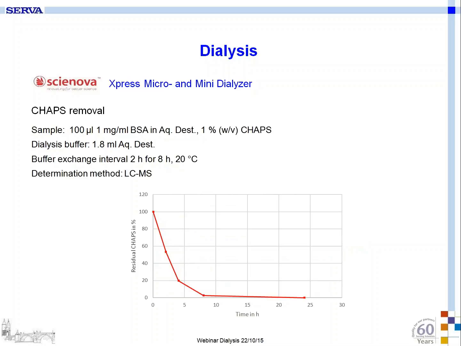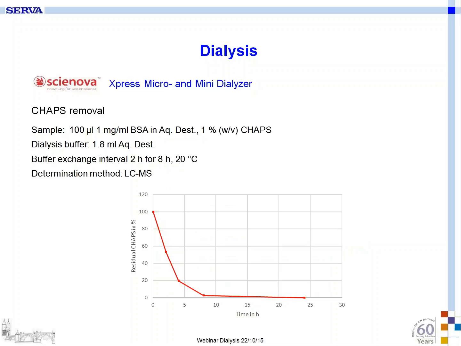Removal of detergents like CHAPS or SDS is also very effective and very fast. Especially detergents can really disturb downstream applications like mass spectrometry or gel chromatography or other things.